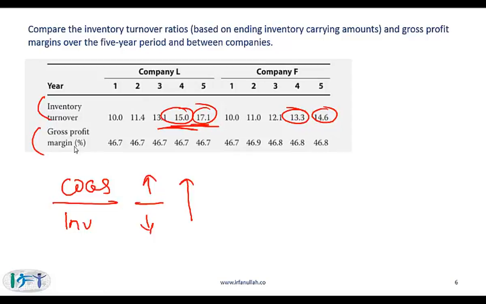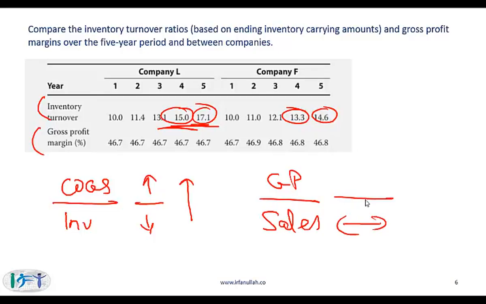What about the gross profit margin? That is equal to gross profit divided by sales. The sales number is the same for both methods. What about the gross profit? I should actually do this over here under the LIFO company. So gross profit over sales. The gross profit for the LIFO company is lower.